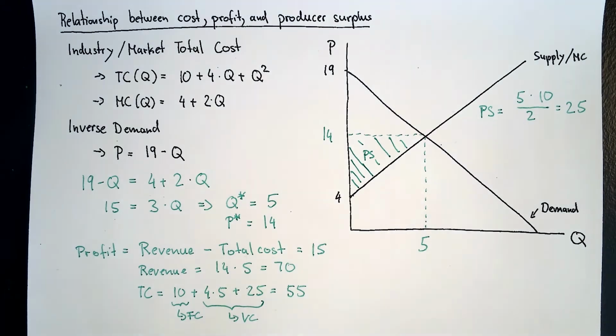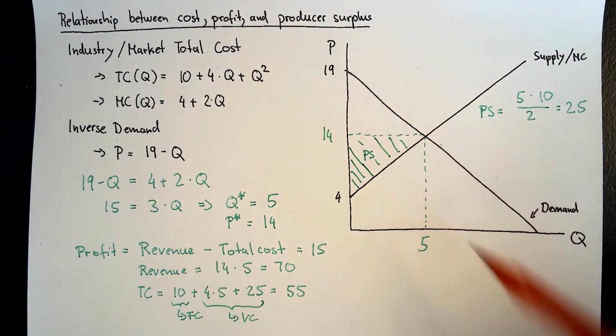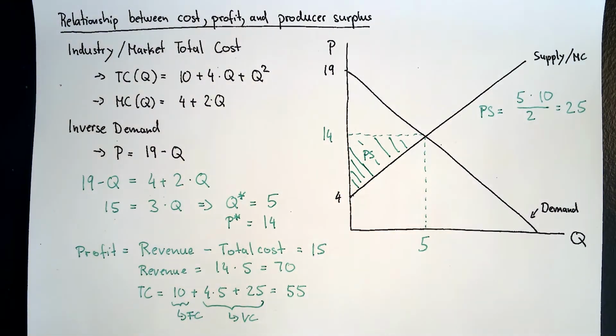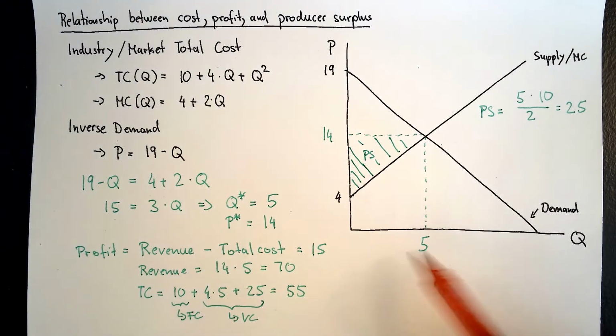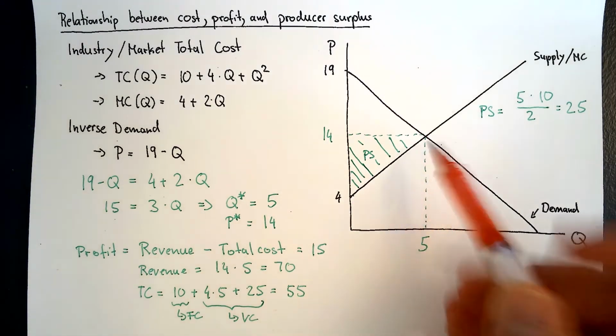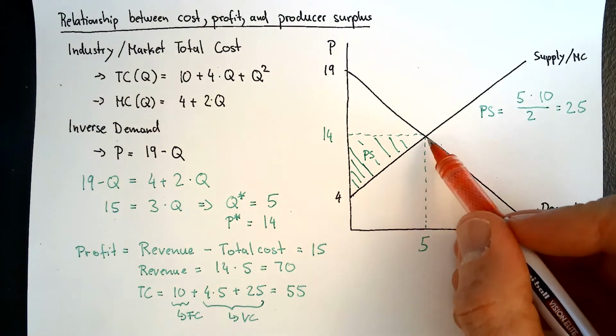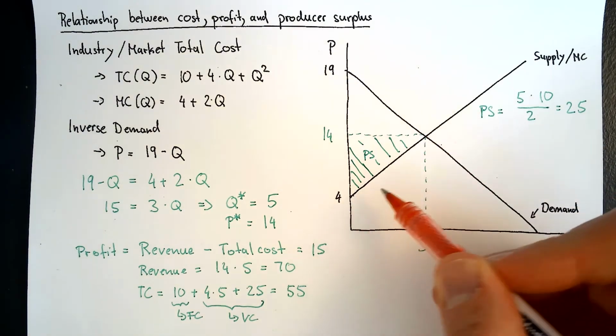Now let us go a step further, okay, and get some additional information out of this graph. And this information will become important when we are going to talk about externalities. Okay? Now let us calculate the area underneath the marginal cost function. Okay?